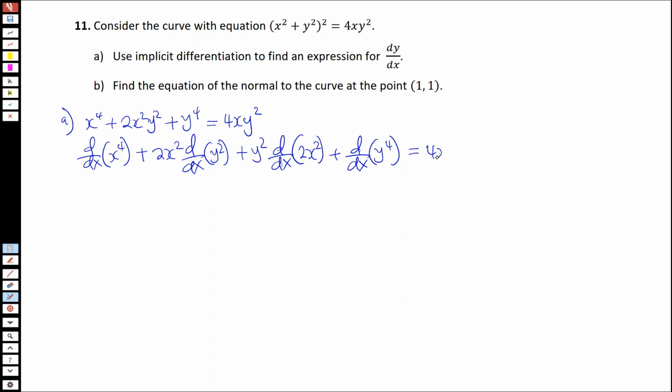So x multiplied by the derivative of y squared plus y squared multiplied by the derivative of 4x.